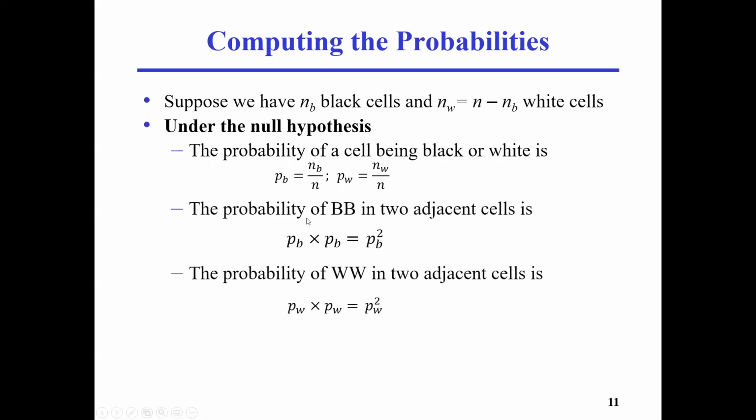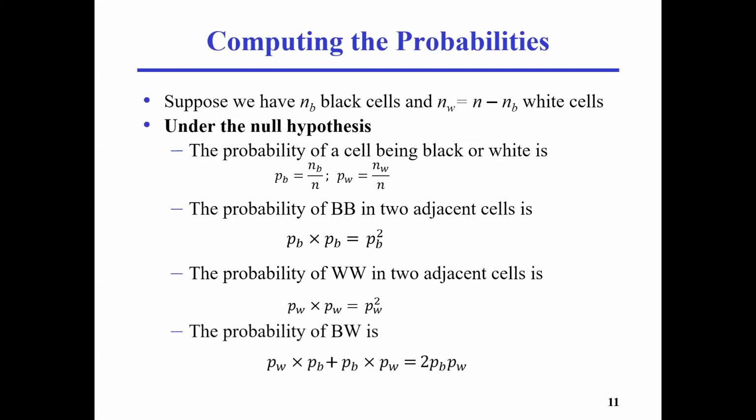The probability of finding BB is the squared PB, which means I randomly choose two cells, and they must both be black, to have a BB join if these two cells are neighbors. Similarly for WW, the probability of finding a WW join is the square of PW.